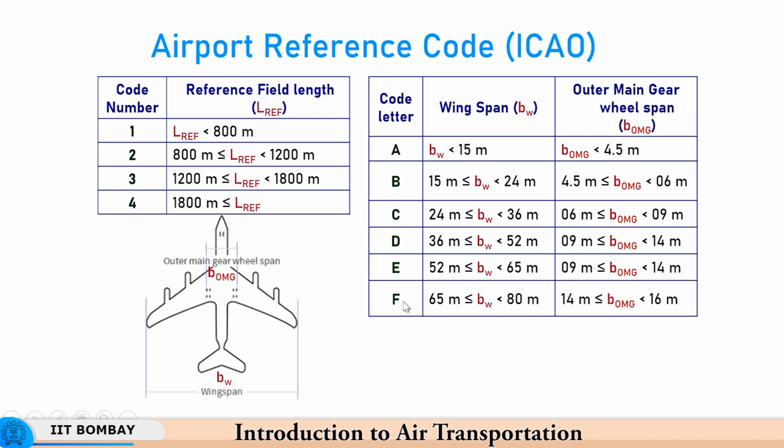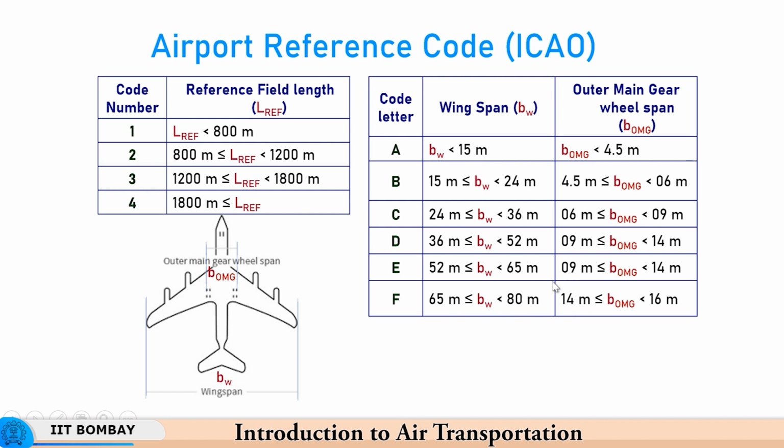Notice that there is no category after this, there is no G category. Therefore, by and large all the aircraft that you will see in passenger service today will have a wingspan less than 80 meters. There are a few exceptions like the AN 225 which had a wingspan more than 80 meters, but that is not supposed to operate with passengers. That is basically a cargo aircraft.